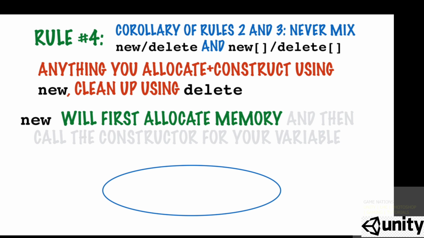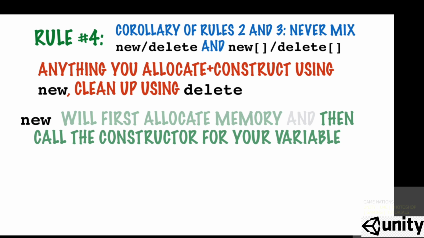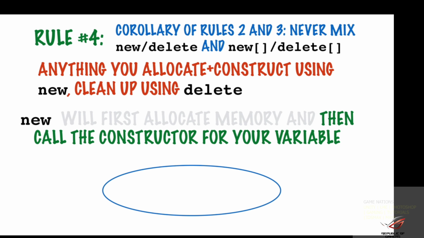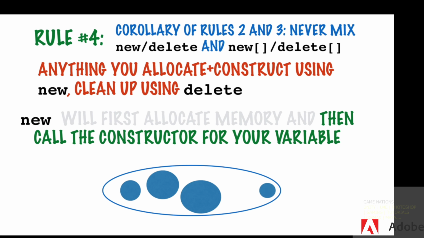When we are working with objects, this allocation is not the end of what new does. After the space in memory has been reserved for your variable, new will then call the constructor for your variable. Within the constructor, you would have initialized many of the data member variables of that class. So let's assume that each of these circles that you see on screen is a member variable of your class.